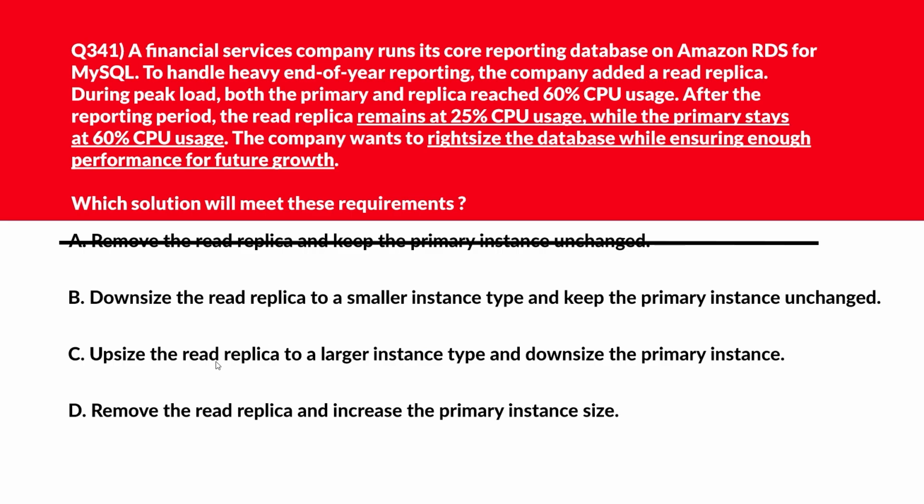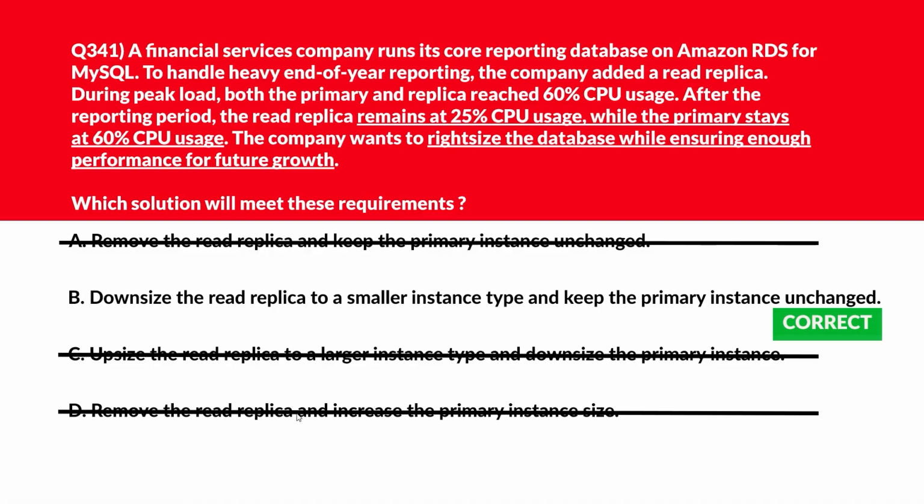Option C, increasing the replica size while reducing primary capacity worsens performance since the primary is already at 60% CPU. Incorrect. Option D, removing the replica increases dependency on the primary and reduces flexibility for future growth. Option B is the right choice.